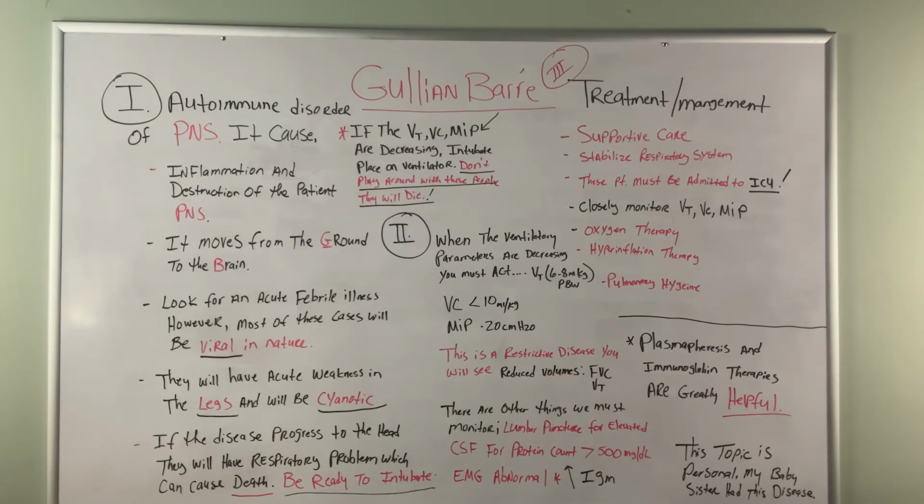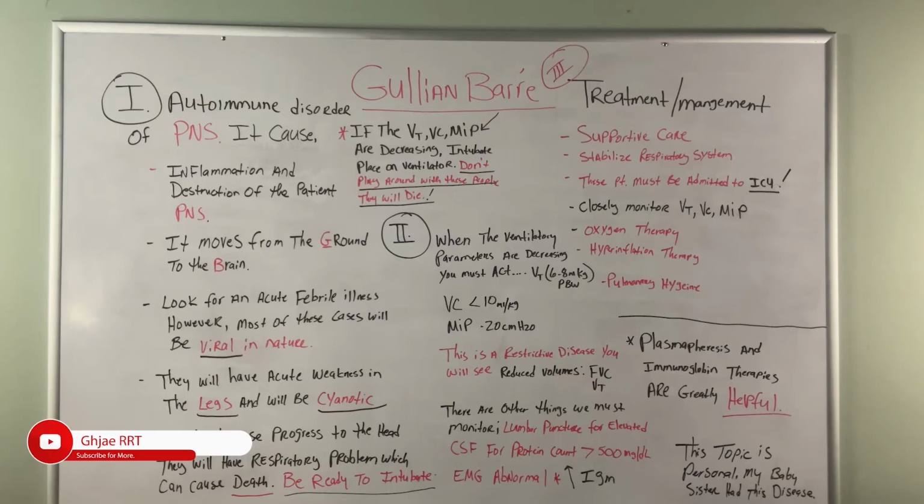It causes destruction of the patient's peripheral nervous system as well as inflammation. Now, unlike myasthenia gravis, this disease moves from the ground to the brain. And remember that because you will see that again for the TMC exam. It moves from the ground to the brain, or from the legs to the head.